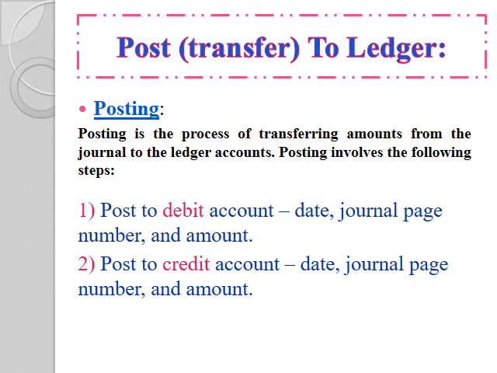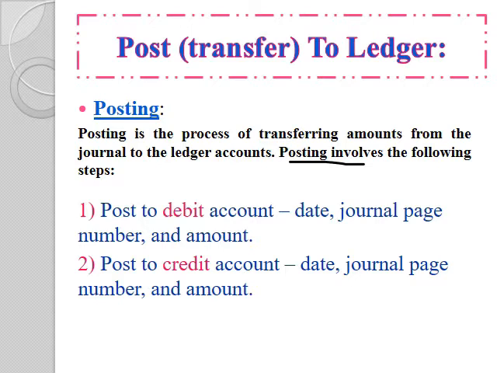Transferring journal entries to the ledger account is called posting. This phase of the recording process accumulates the effects of journalized transactions into the individual accounts. Posting involves the following steps.